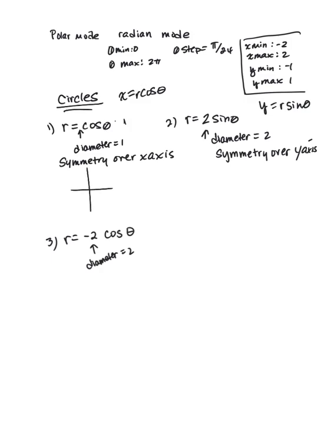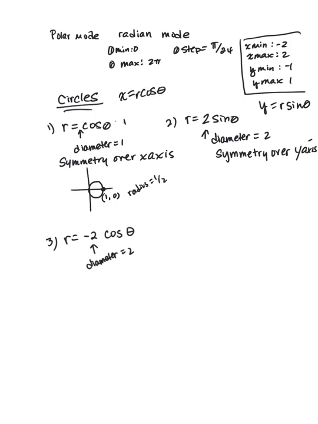So here you're just going to have a little circle. Your diameter is 1, so this point here is 1, 0. For the sine one, your diameter is going to be 2. So think about the radius here. Radius is 1/2.